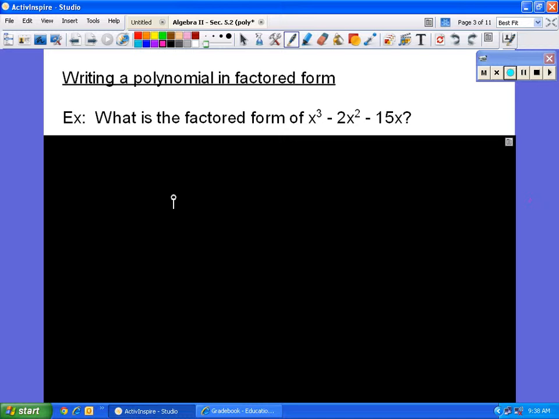The degree is 3, which makes this a... No, trinomial is the number of terms. Cubic. Remember, the first name refers to the highest degree. It's x to the third power. That makes it a cubic. This has 3 terms, makes it a trinomial. Cubic trinomial.